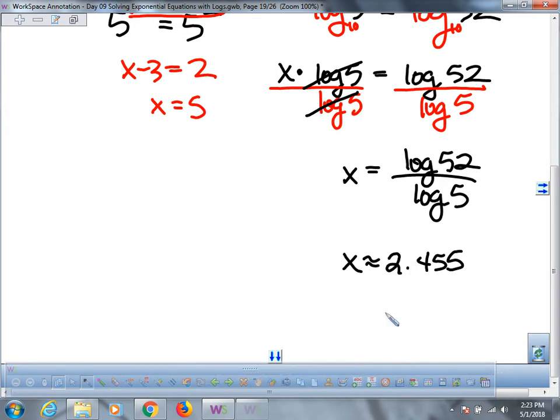What, Robert? Log 52 end parenthesis divided by log 5 end parenthesis. Okay, so half of you are probably not putting this in a calculator, which is not a smart idea, because you've got to be able to know that you can put this in a calculator correctly, because you're not going to be able to guess.